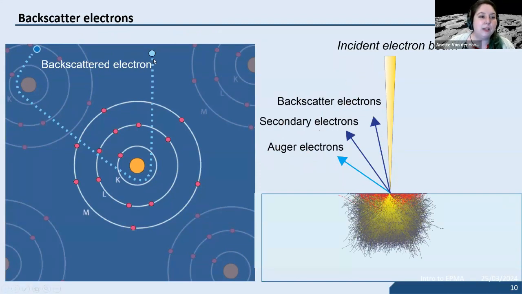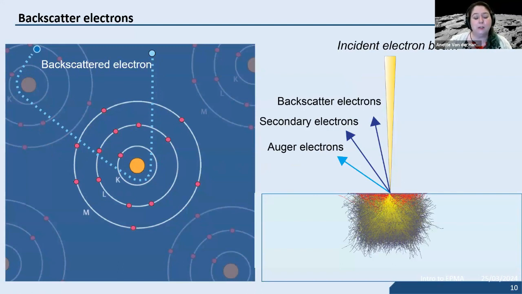And the backscatter electrons are kind of like near misses of our nucleus that get deflected by the field. And if that happens often enough, they might get back up and can be emitted from the sample surface, hence the backscattering.